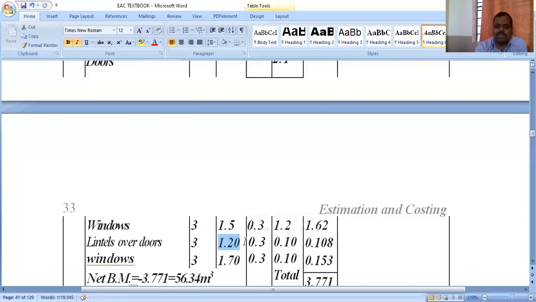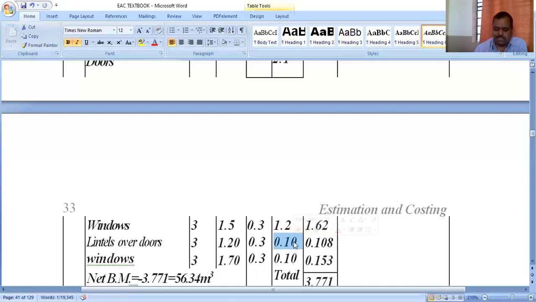Just multiply that 1.2 meter by the width of the lintel, 0.3 meter, and the thickness, 0.1 meter. Just see how we calculate it. The number of lintels will be 3 as the number of doors is 3. Multiply it with the length of the door plus 2 end bearings, so it will be 1.2 meter.